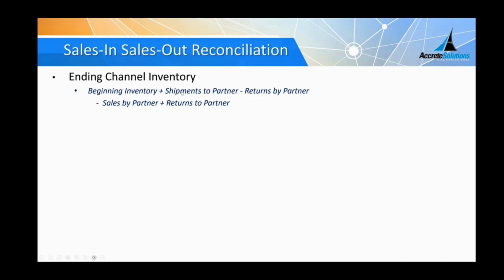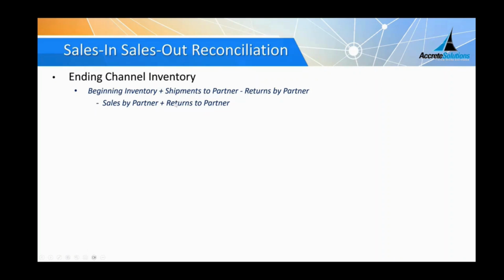Then you add all the shipments from you, meaning the company, to the partner. Then you subtract all the returns that the partner has, all the products that the partner returned to the company. Then you subtract all the partner sales to its customers.